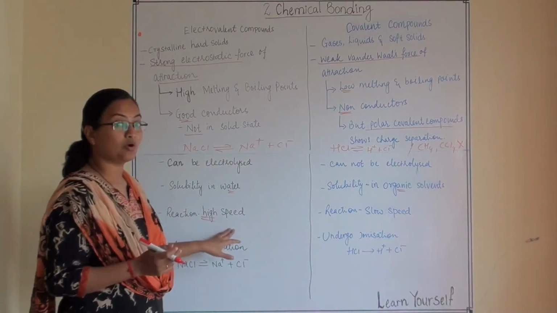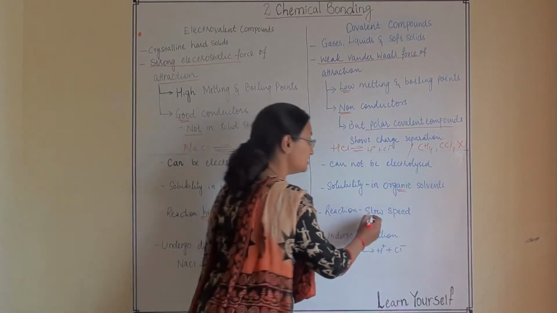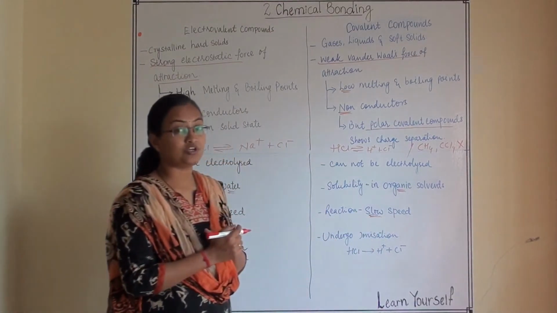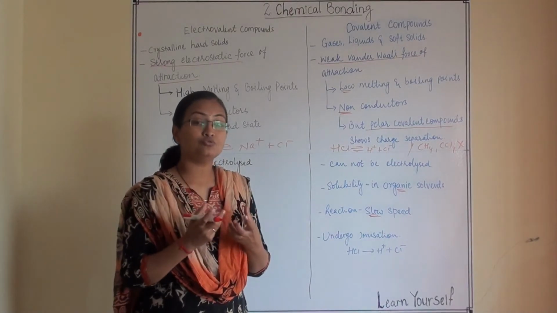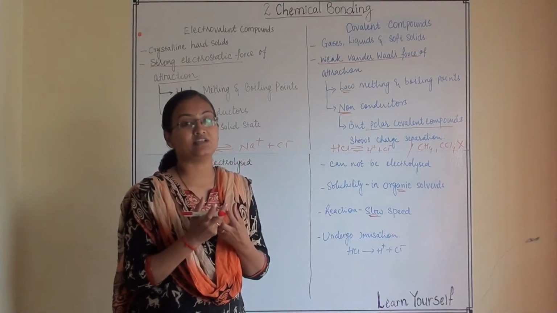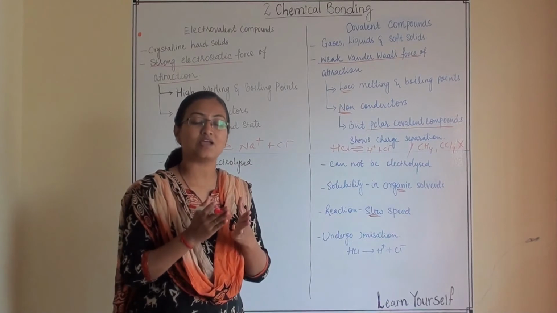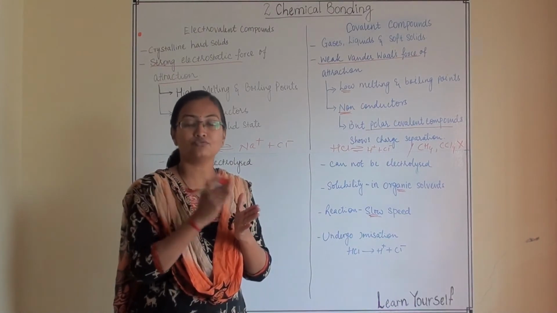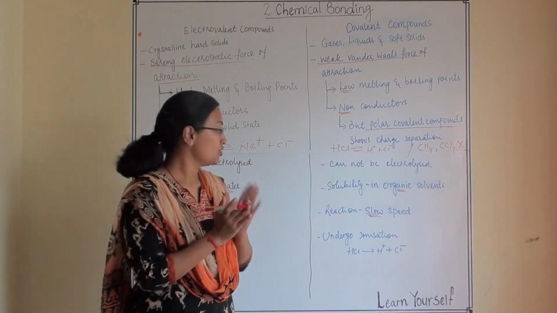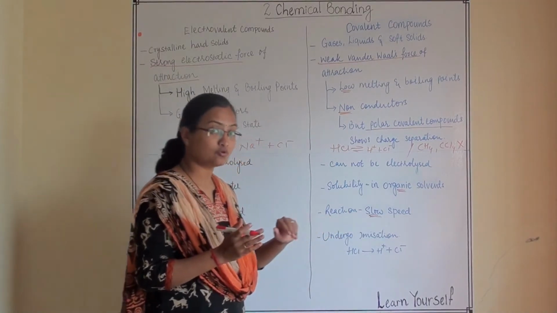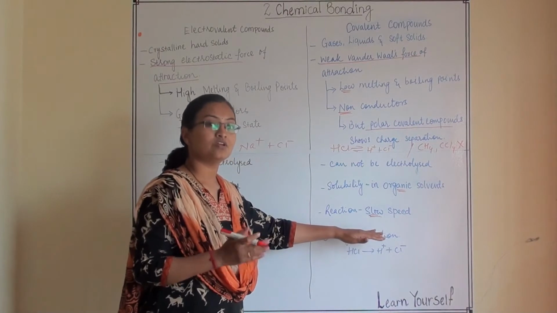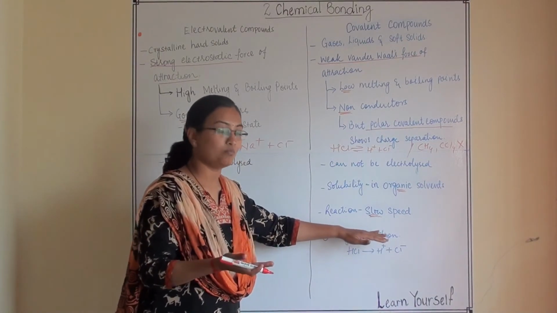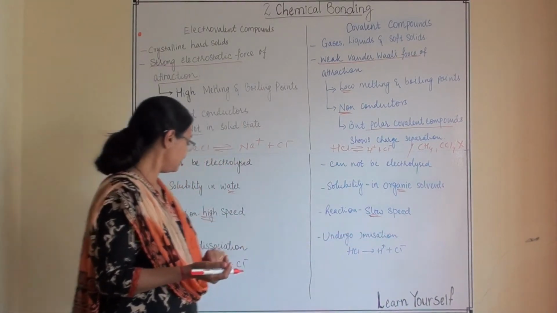So the reaction will always be high speed, whereas here the reaction will be slow speed because the covalent compound is formed through mutual sharing of electrons, and it will take some time. When these compounds are forming, the reaction is slow.